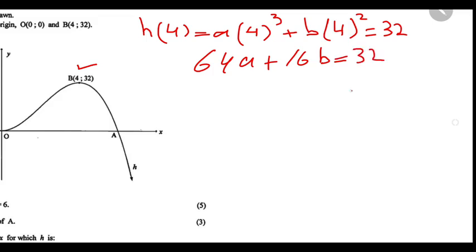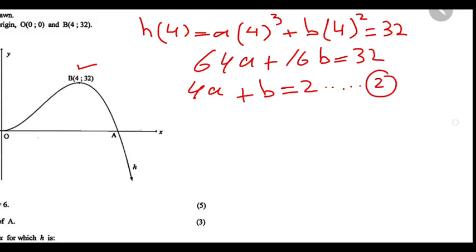I can divide the whole expression by 16, so the answer is 4a plus b is equal to 2. This is my equation number 2.